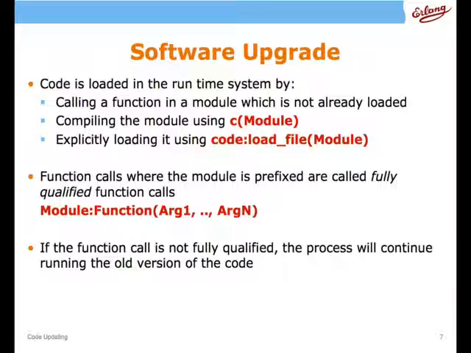Or you can explicitly use the code module, which contains functions that perform various operations over the code. If you call the load_file function from the code module, that will explicitly load the code. And just to remind you, a fully qualified function call is a call of the form module:function with the arguments, rather than simply function.